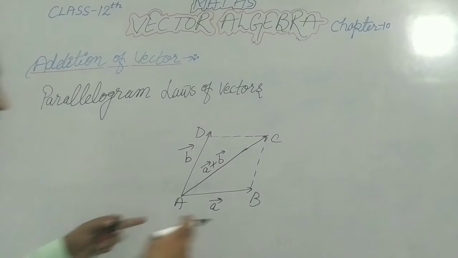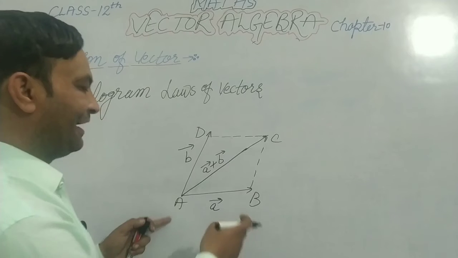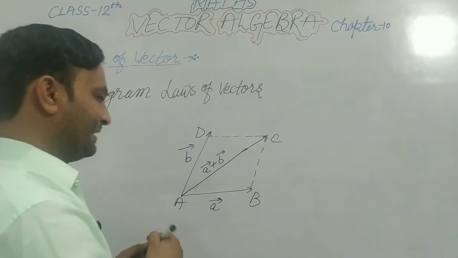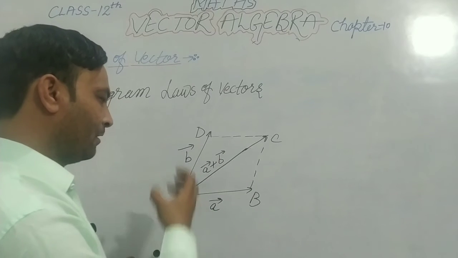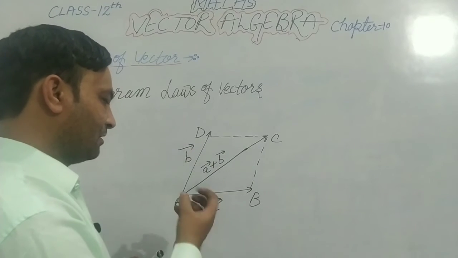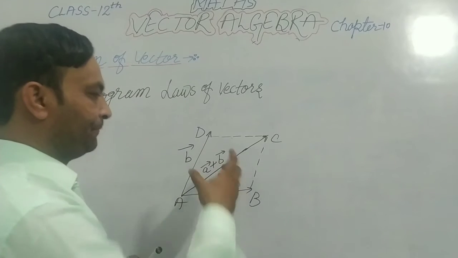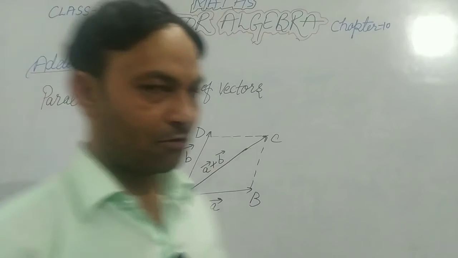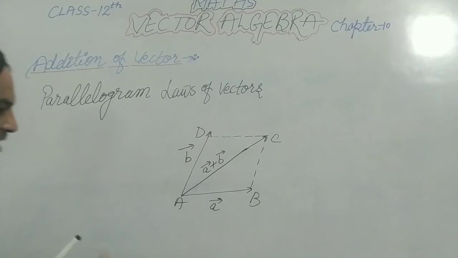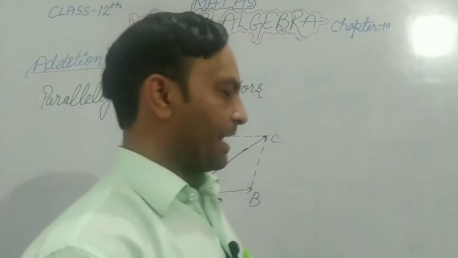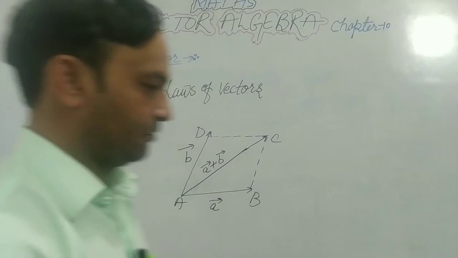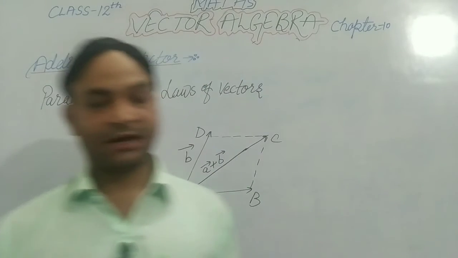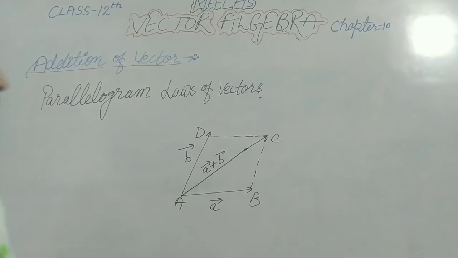So if we take two vectors as adjacent sides of the parallelogram, their sum or resultant is represented by the diagonal of the parallelogram taken at the same point, isn't it? So we can say the parallelogram law is similar to the triangular law of vectors. Now the next topic we have is properties of vector addition.